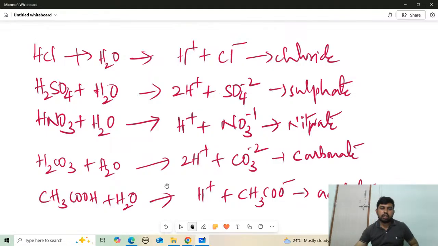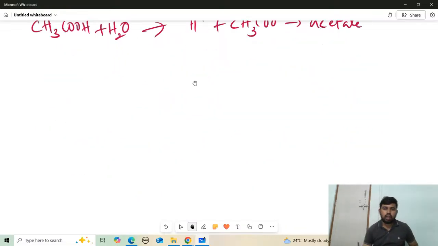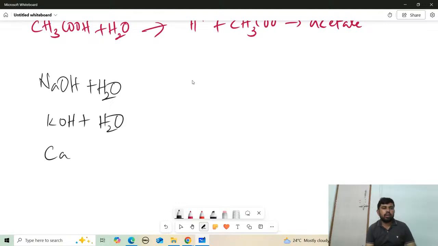Now, they are asking you to repeat the activity with some bases also. Let us take NaOH, which is a base, right? NaOH plus water. KOH plus water. Similarly, they are asking for Ca(OH)2, taken twice, plus water.